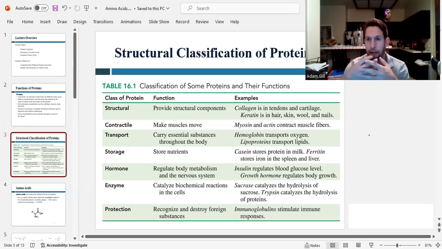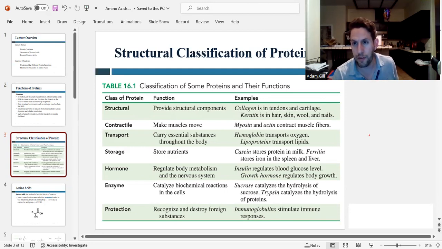They contract and relax. You can have transport proteins like hemoglobin and myoglobin, or like we learned about in the last chapter, lipoproteins, right? Things that transport other molecules. You can also have storage proteins, which store energy or different minerals in the body, like ferritin, a protein that stores iron in the liver. Casein stores protein in milk.